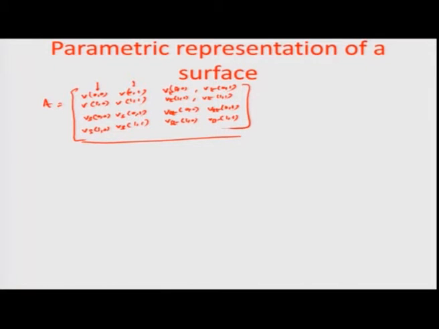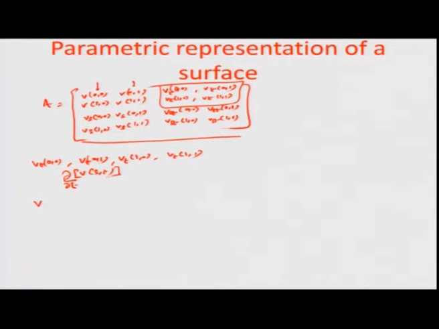So, when we are talking about this set of terms, that is V t 0 0, V t 0 1, V t 1 0 and V t 1 1, we are talking about del by del t of the V function in S and T, evaluated at the different values of S and T as given here.